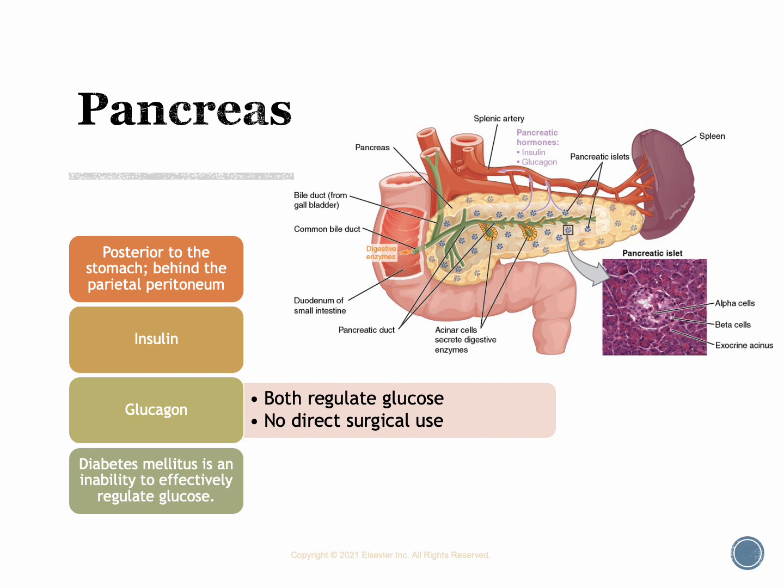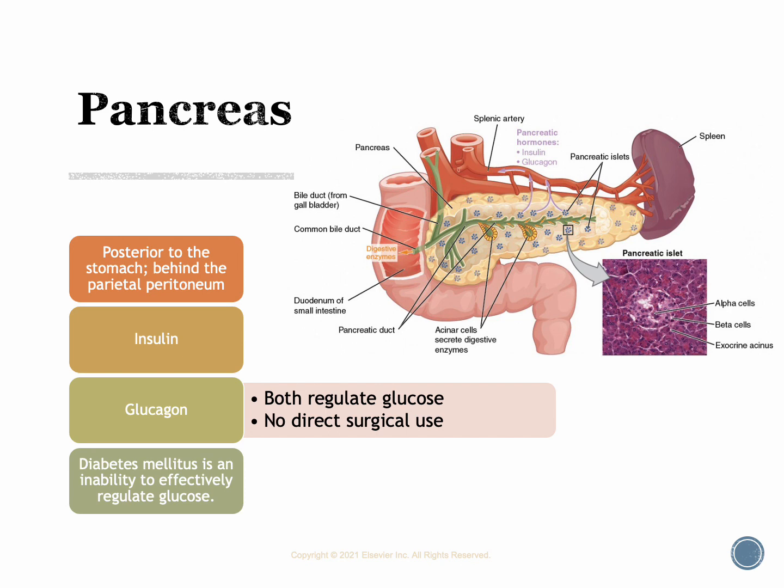Now, neither of these really have a direct surgical use. They are used to medically treat or to regulate glucose. But remember, diabetes mellitus is the body's inability to regulate glucose.